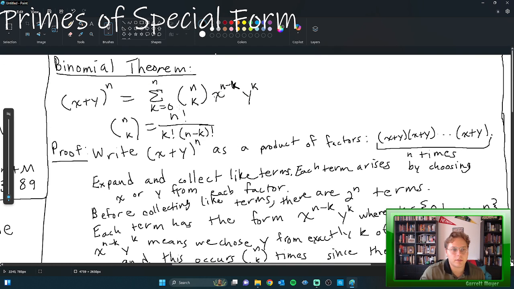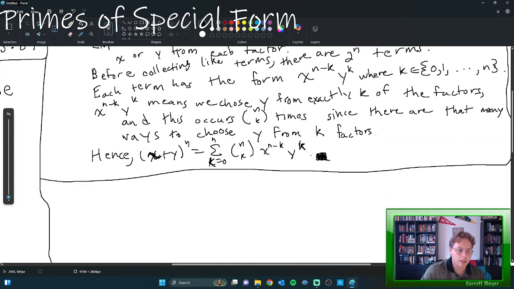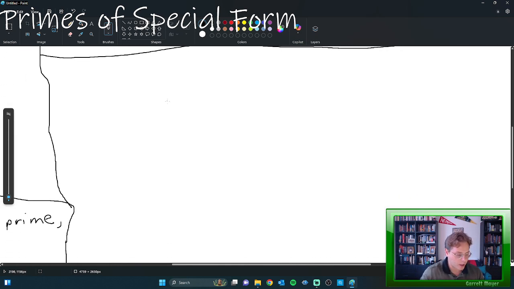But with all of this in mind, this is a bit of a side point to the main video, but we're going to ultimately use it in our proof about Fermat primes. And this kind of can also help show you how different fields can be helpful in math as they overlap. So theorem 2.43.